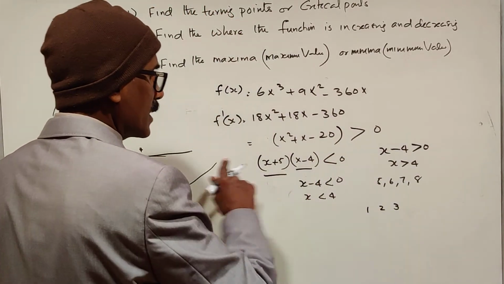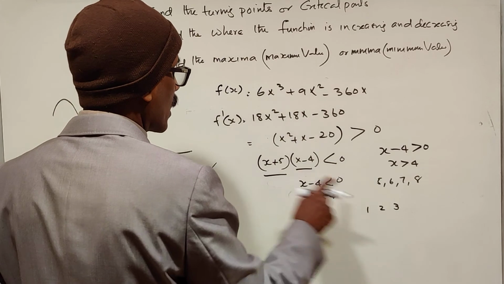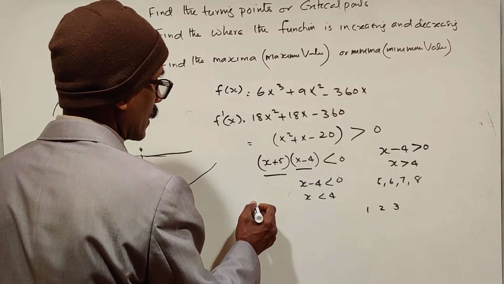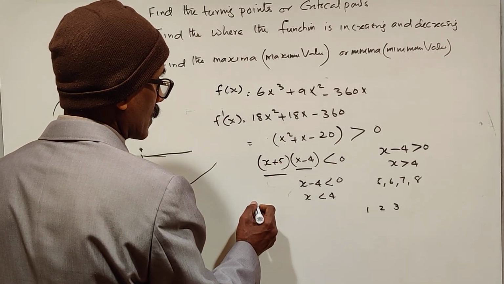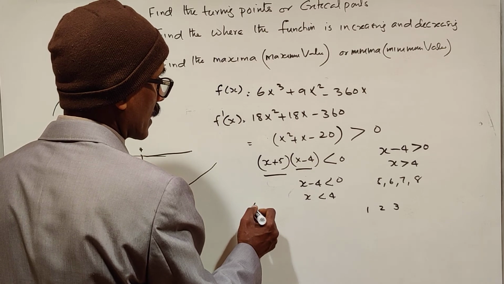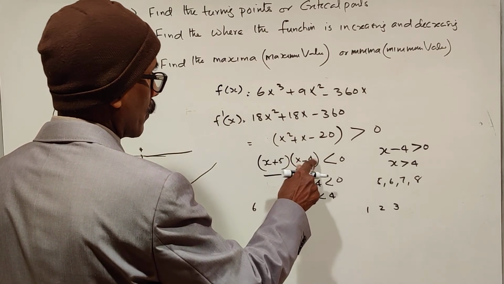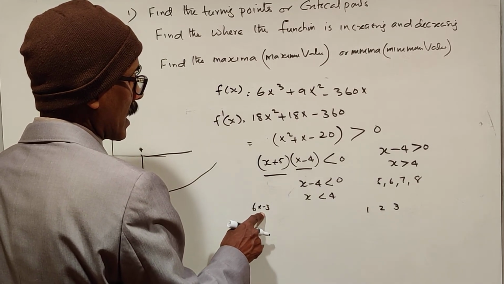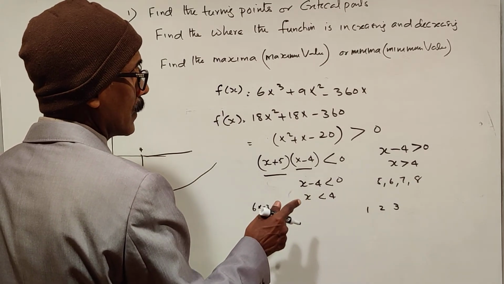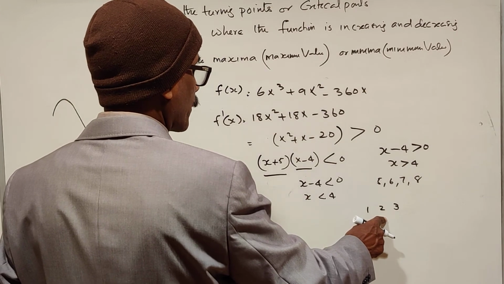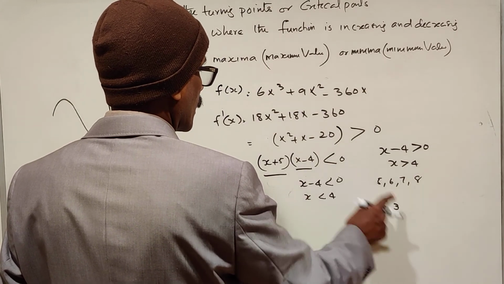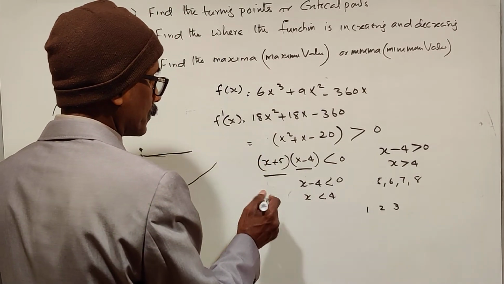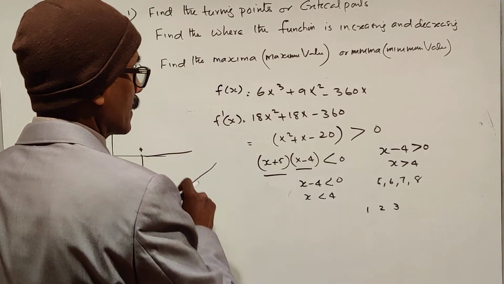Just check. When x is equal to 1, 1 plus 5 is 6, and 1 minus 4 is minus 3, so 6 times minus 3. Correct. When you substitute 2, 3, everything is correct.